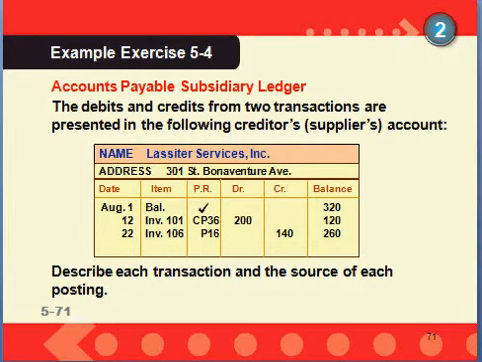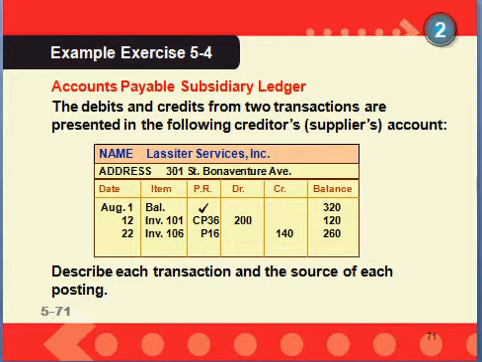Now we're going to take a look at another example exercise, and this one's on page 217. You can see we have two transactions here, and they want us to describe what's going on. On August the 7th, from Lassiter Services, we see a debit to their subsidiary ledger, and that's because we paid $200 in our cash payments journal.